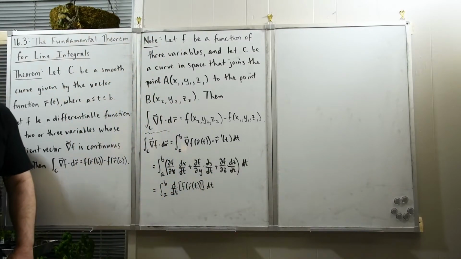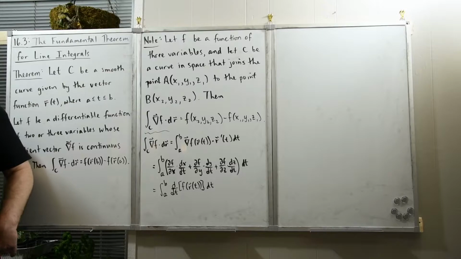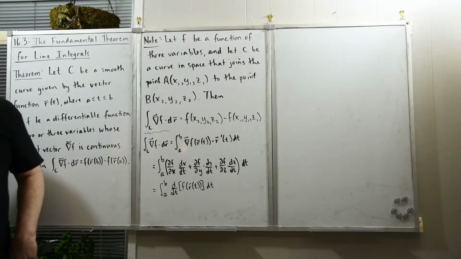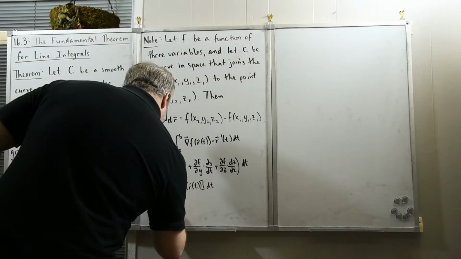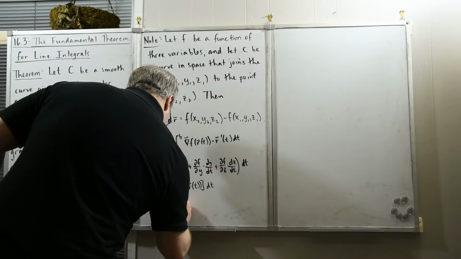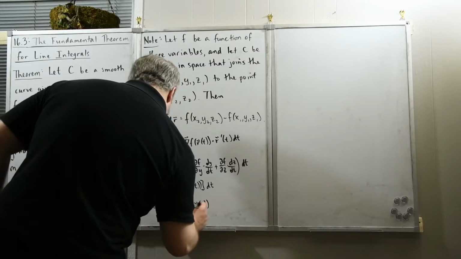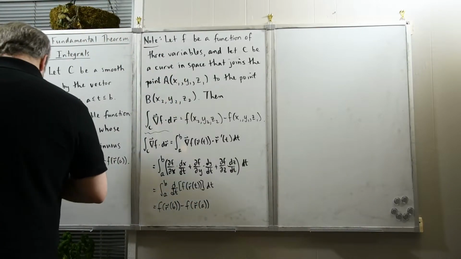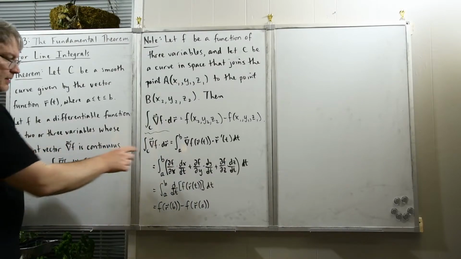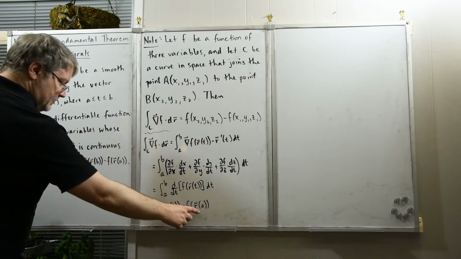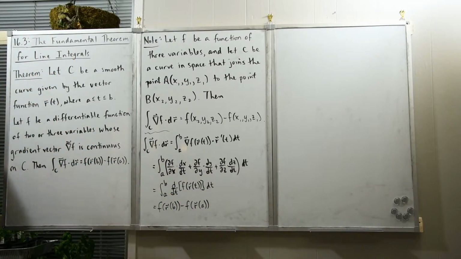Which, of course, is the same thing as f of r of b minus f of r of a. And so when you take a look at this, that's the left side of the equation in this theorem. Well, this is the right side, so this gives a bit of an indication as to why this equation works the way it does.